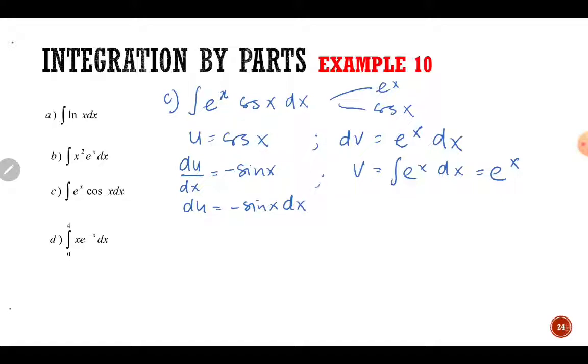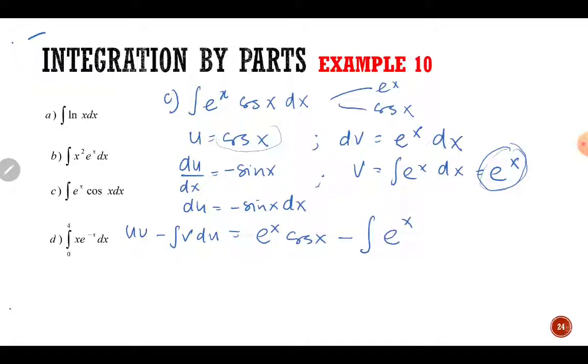Alright, so guna formula uv minus with v du, kita akan dapat u kita yang ni darab dengan v kita. So we have e to the power of x cos x tolak v kita adalah e to the power of x negative sin x dx.